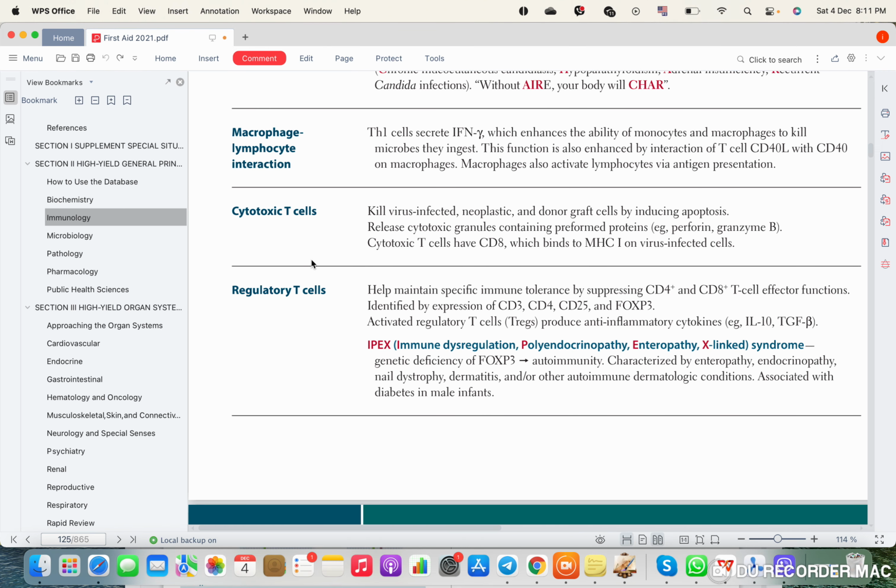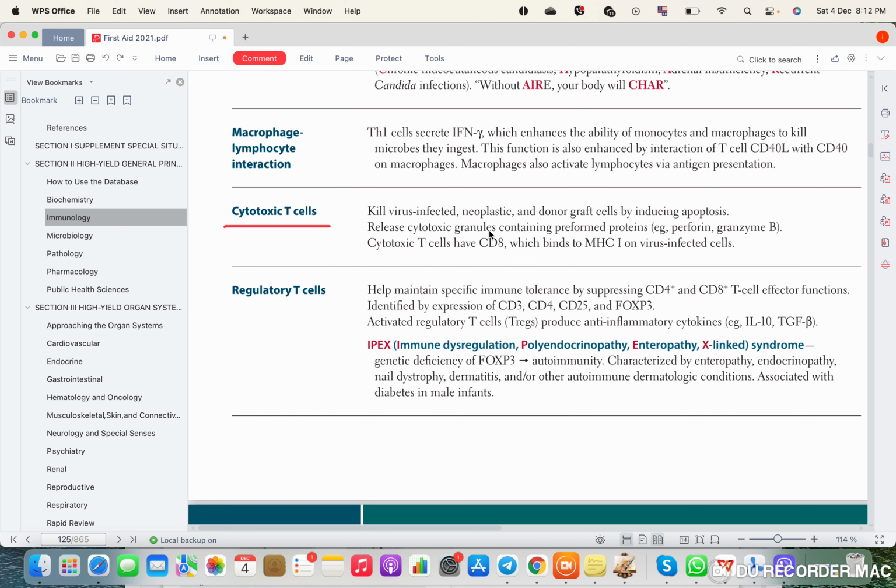So the next thing is cytotoxic T cells. They kill virally infected cells, neoplasms, and donor graft cells by inducing apoptosis. Okay. How do we induce apoptosis? Remember, guys, it was the extrinsic pathway. So it was either with the Fas ligand or the perforin and granzyme.